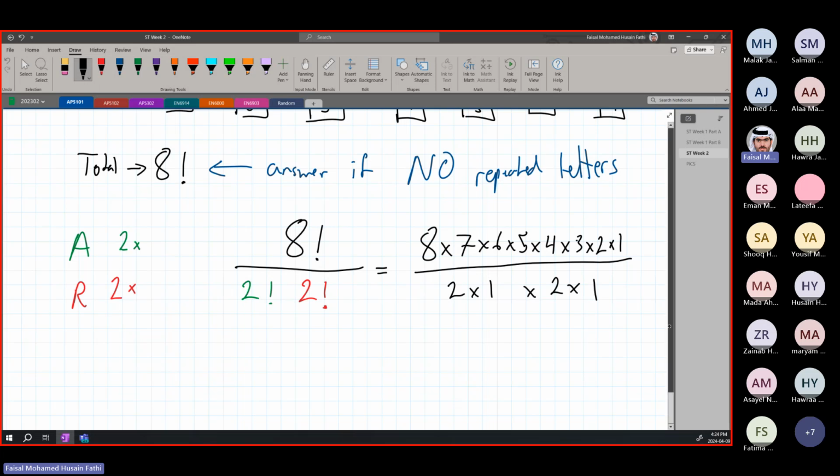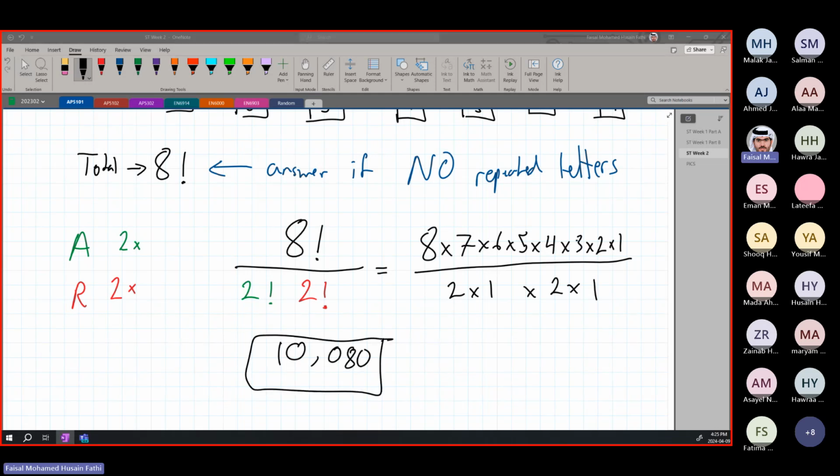You can just write the factorial directly. So if I just do 8 factorial divided by 2 factorial times 2 factorial, we have 10,080 combinations for the word. That is how you will do it.